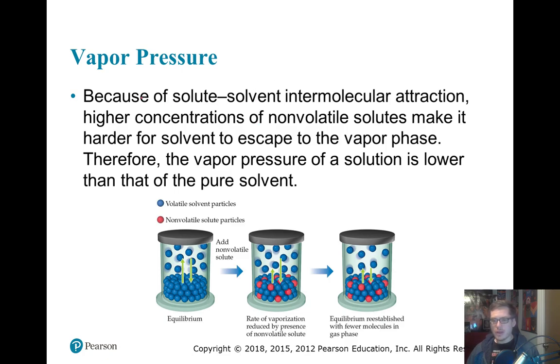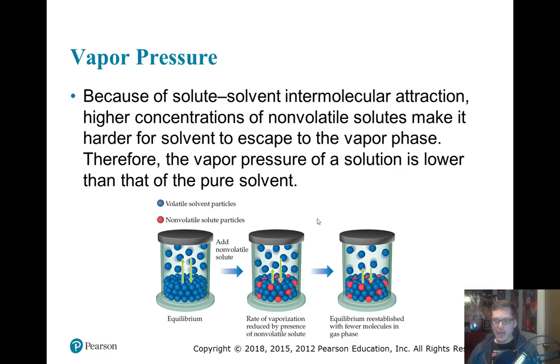But anyway, specifically, vapor pressure gets lowered when you start dissolving additional things in there. The solute-solvent intermolecular attractions make it harder for the solvent to escape. It increases those attractions, and so it keeps the solvent in solution, so it can't escape as easily.